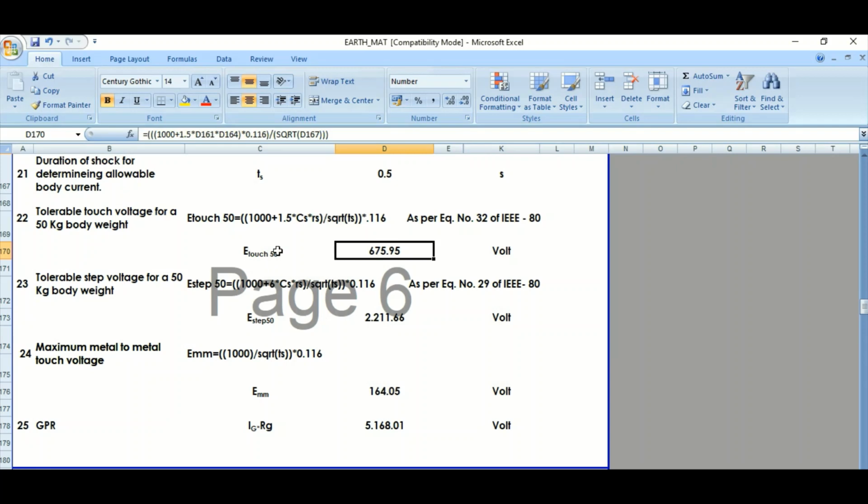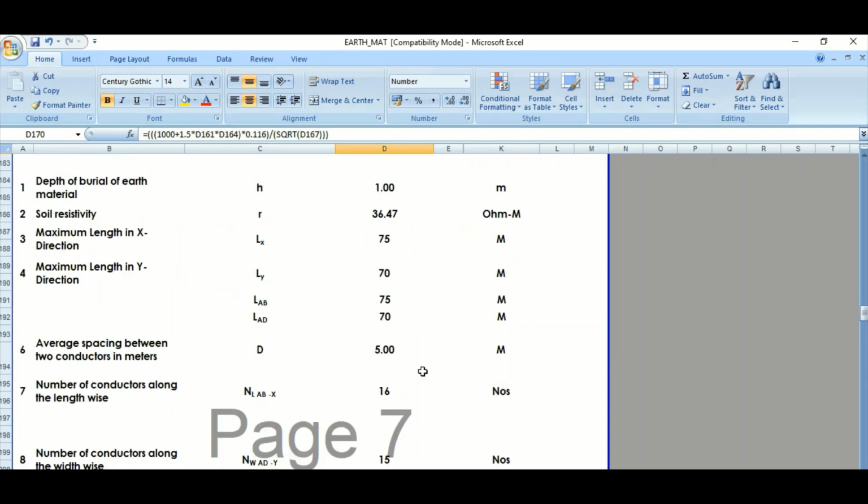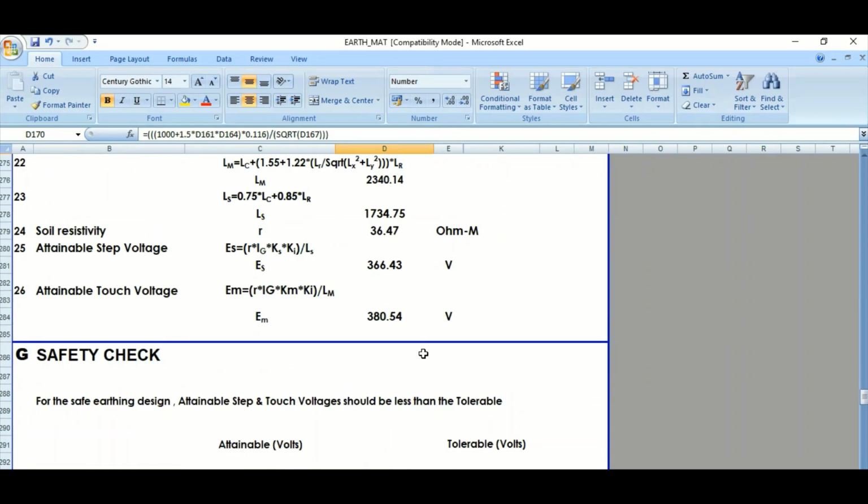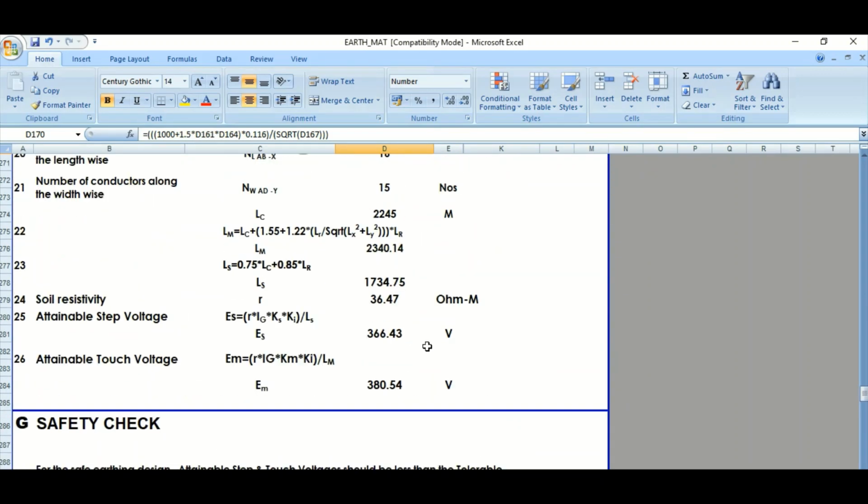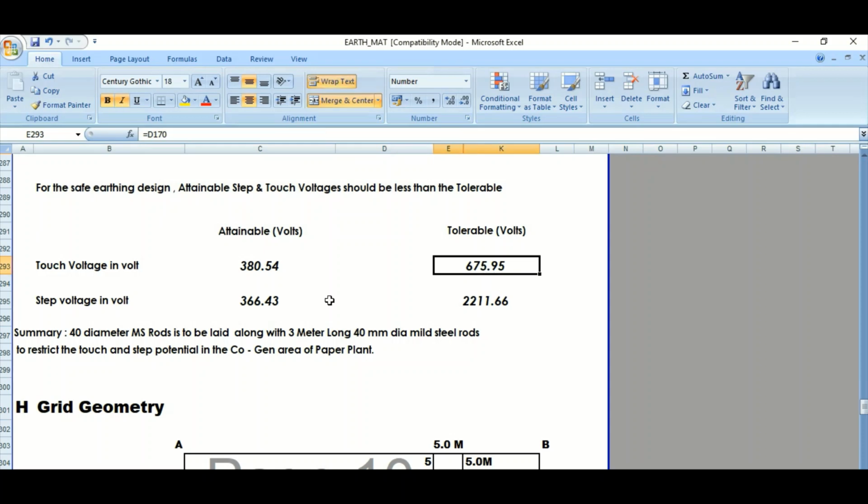This is the calculated touch potential for a 50 kg body weight, 675.95, and here it is. This calculated value is 380 only. So here the touch voltage is less than the tolerable touch voltage. So this design is safe.